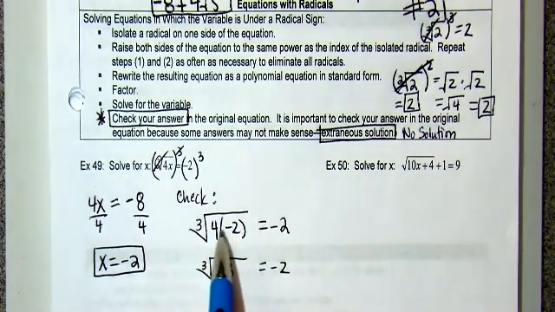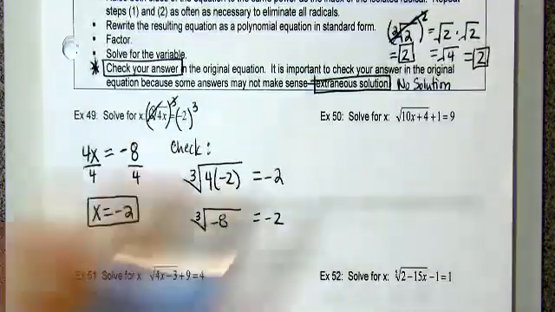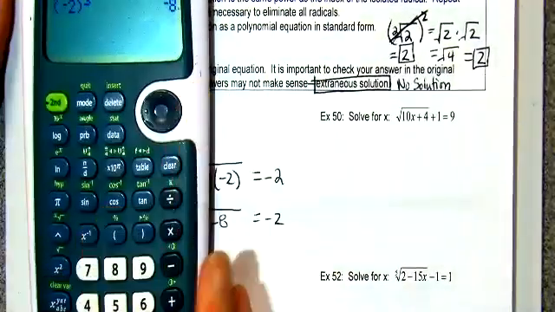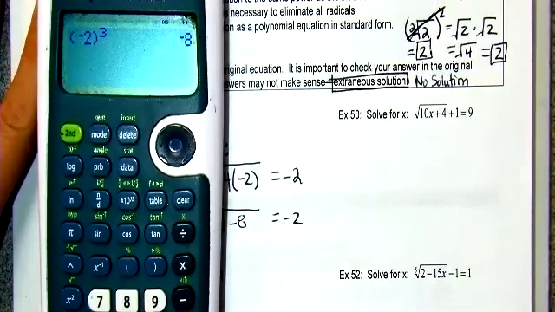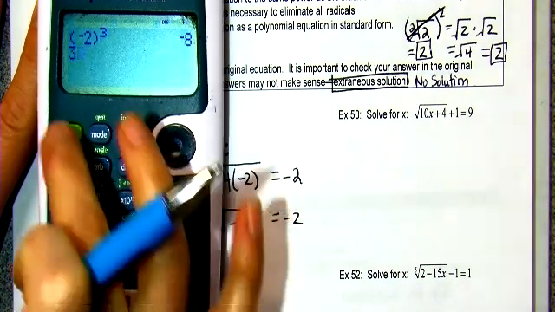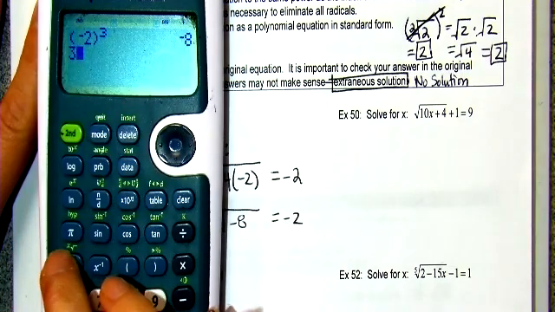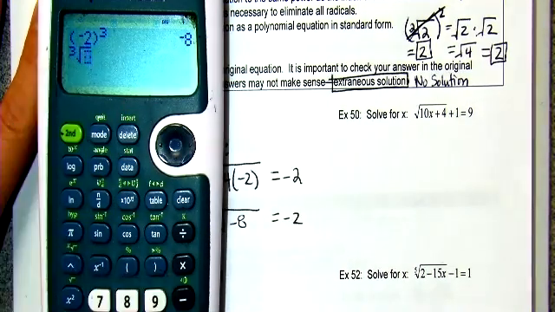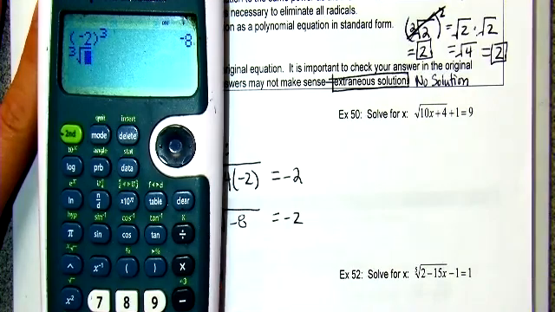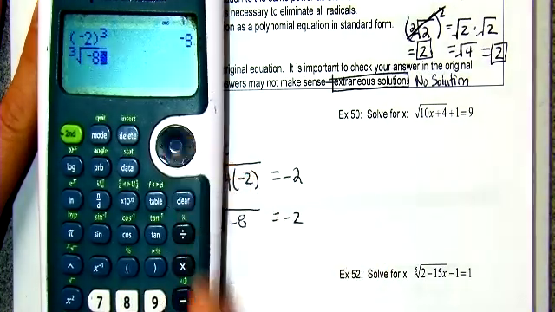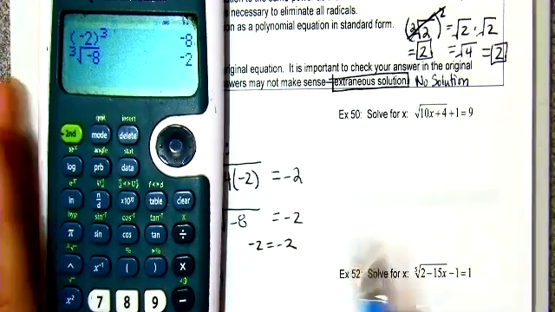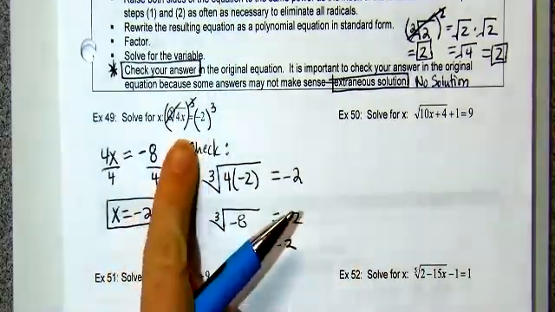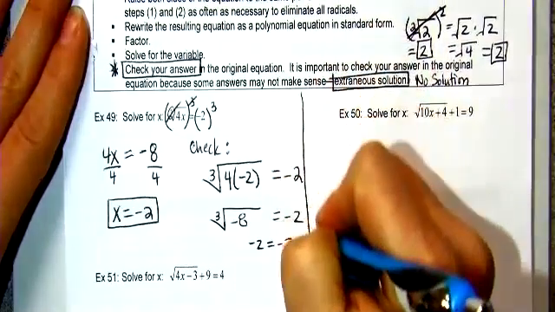Technically, you could have plugged it in at this step. I just like to not rely on my calculator if I don't have to, and do some of the math without. Remember, if you're doing a cube root, you type in the number 3, second, and then the x square root button, and it brings it up to make it a cube root. You can type in -8 and click enter, and that is -2. So -2 does equal -2, so that is a real solution of that equation.